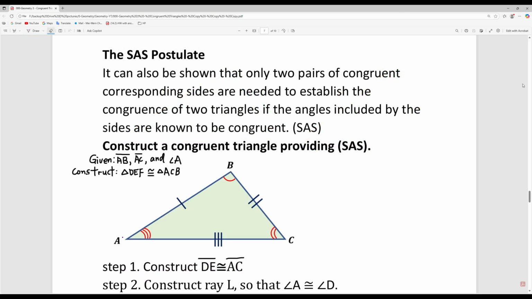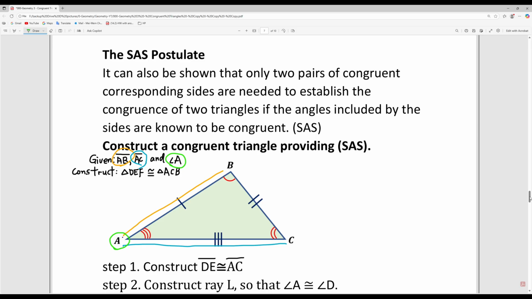Next, when given AB, AC, and the angle A. AB, AC, and the angle A. So you have S, A, S. This A means angle.